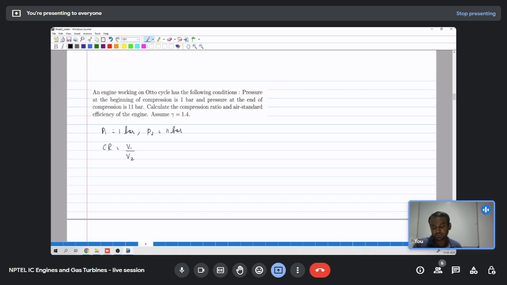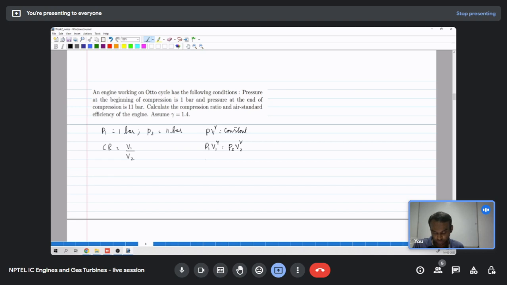So using the relation during isentropic compression or expansion, we know PV power n, which is PV power gamma, is equal to constant. So that means P1 V1 power gamma is equal to P2 V2 power gamma.